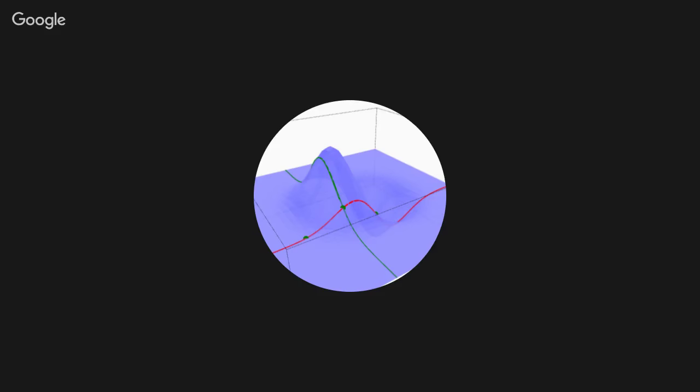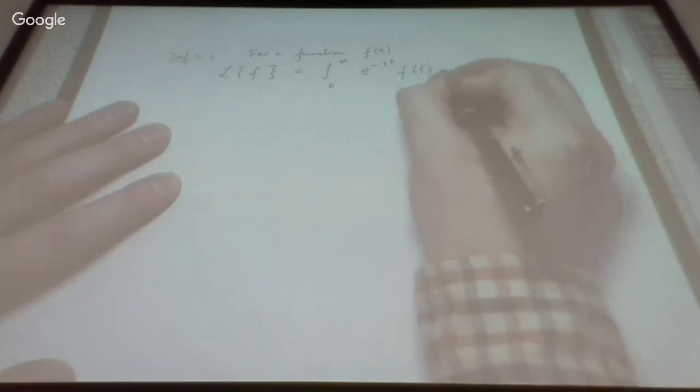Notes on definition 2.1. So the Laplace transform of our function f of t has a transform like this, which is the integral from 0 to infinity of e to the minus st f of t dt.